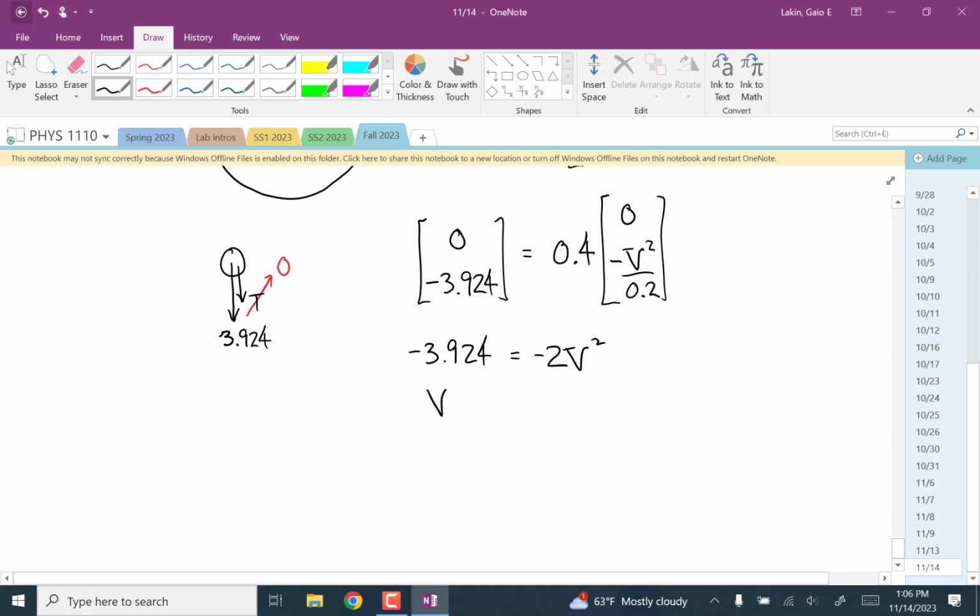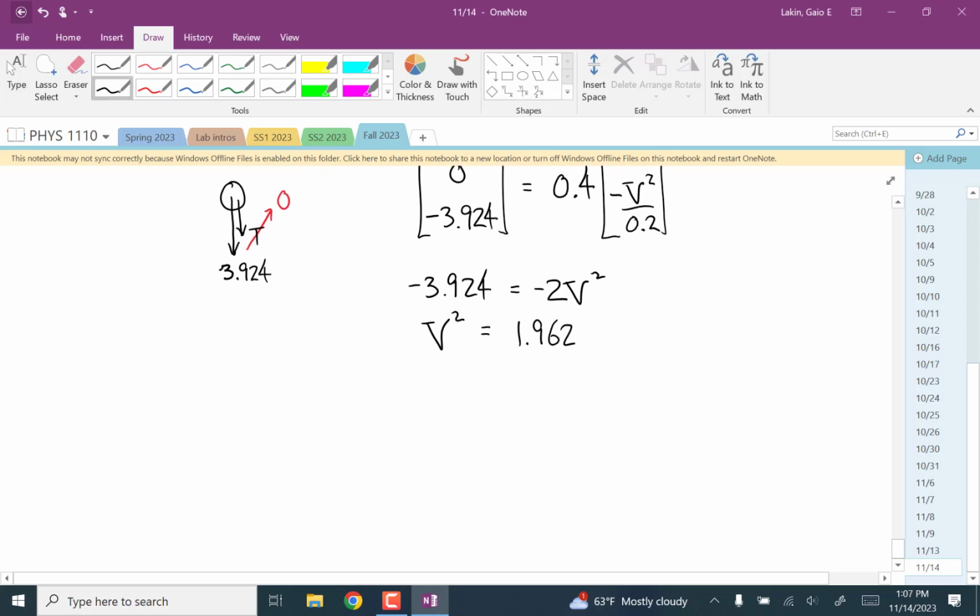And so we get v² is equal to 1.962. Take the square root of both sides and you get v is about 1.4-ish.